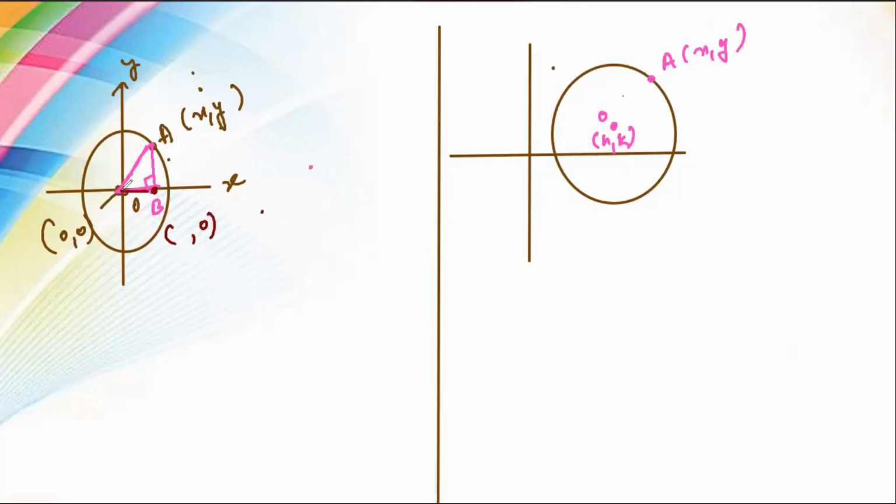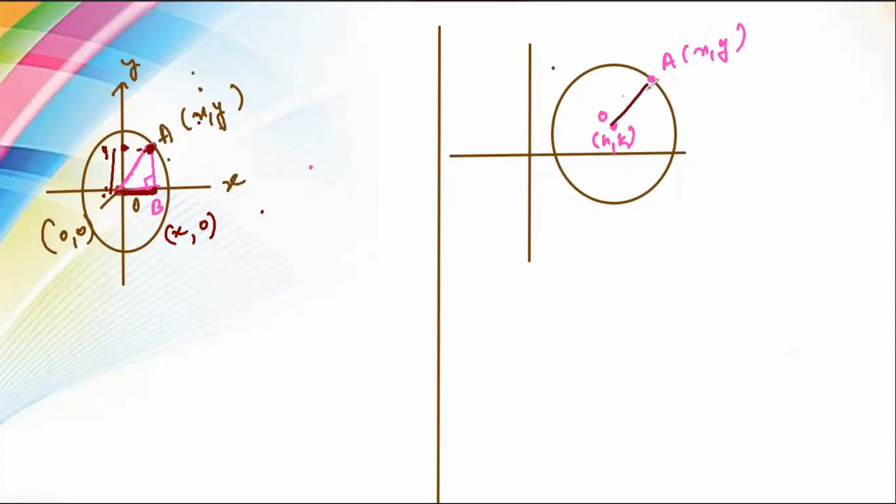I don't know what the point B is. It could be 3, 4, 5, 6, anything. But I don't know, so I'm taking this distance as x minus 0, which is x only, right? For this, I am taking again x because for this point, the distance from the y-axis is exactly the same. And this distance I am taking as y because I don't know this point. So this is, let's say, y, and y minus 0 is y.